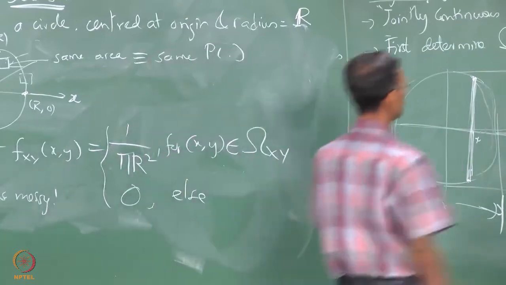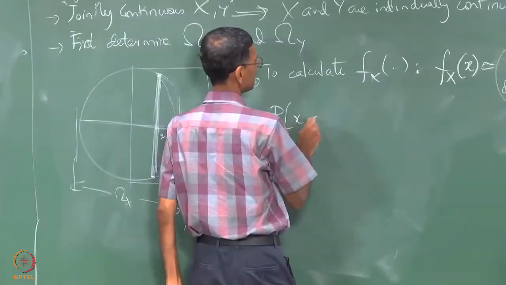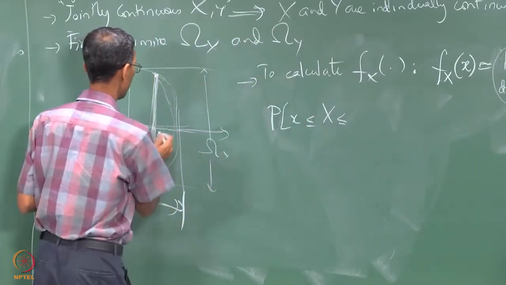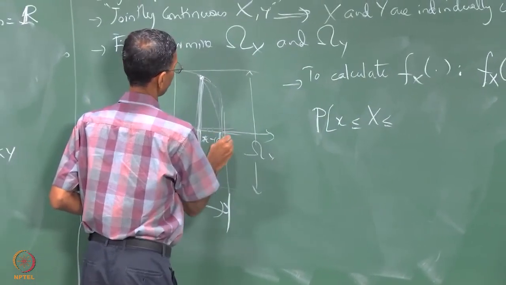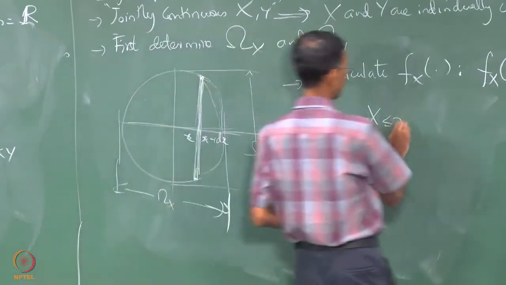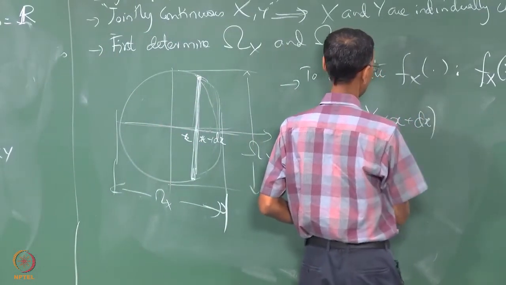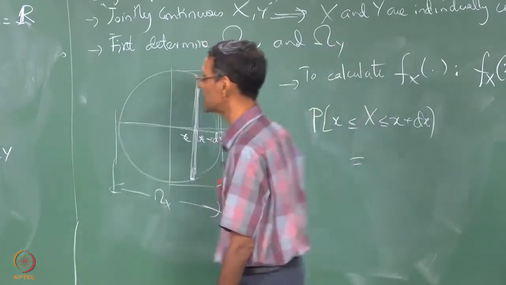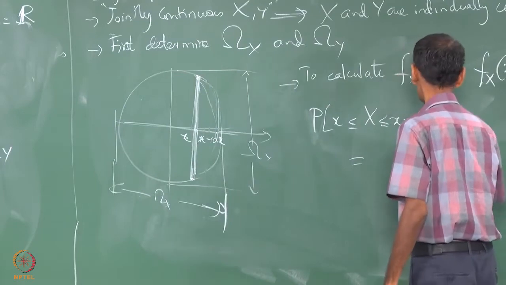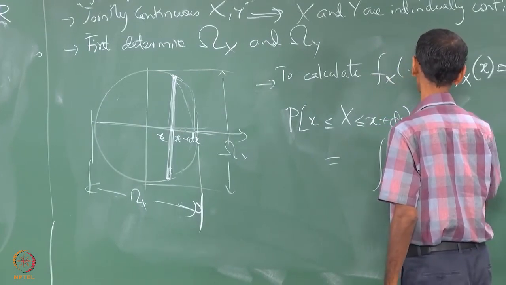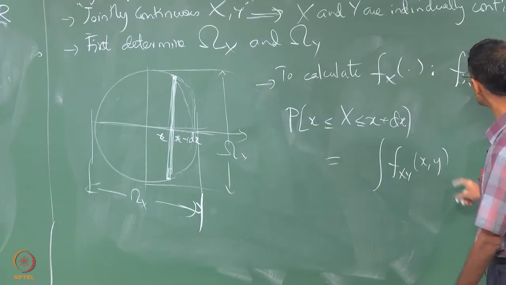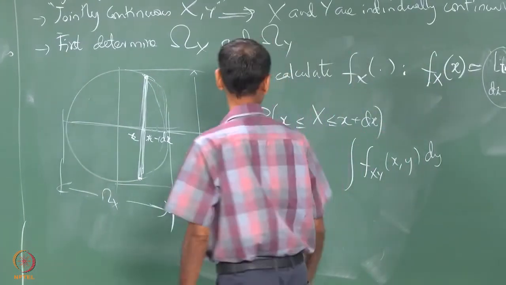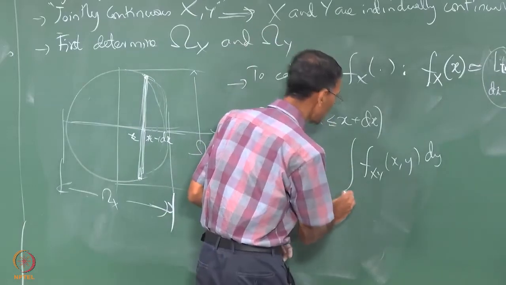So what is the numerator, the probability that x takes values only in x to x plus dx? If you use that formula which I erased, assuming of course you have the joint PDF fxy, you integrate over y from some y1 to y2.